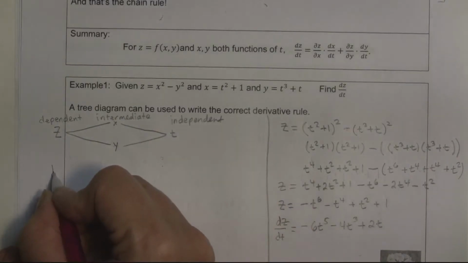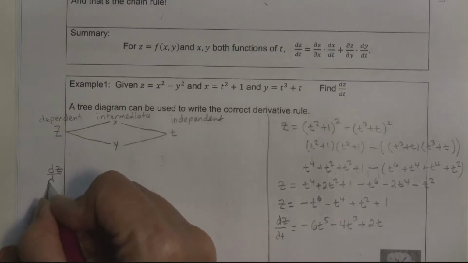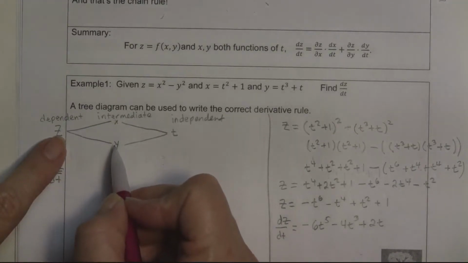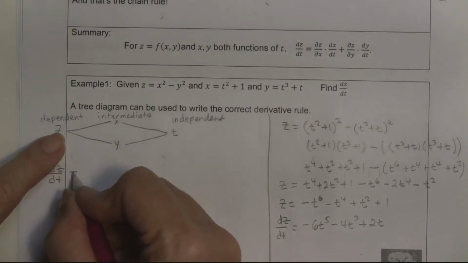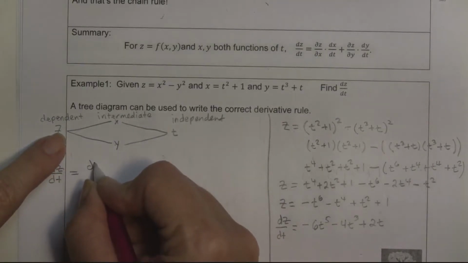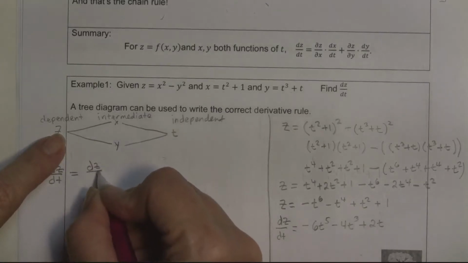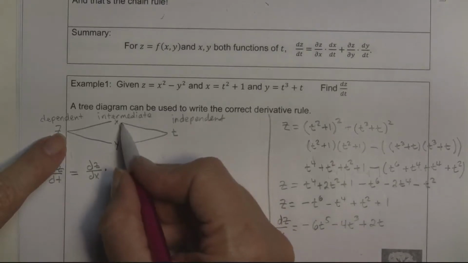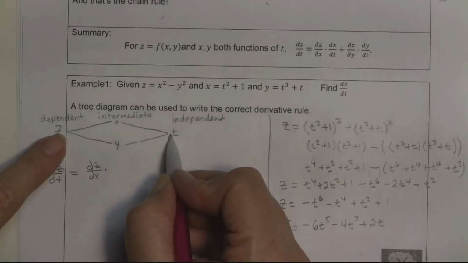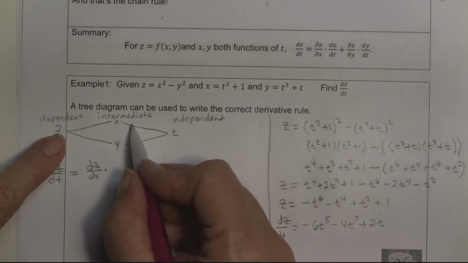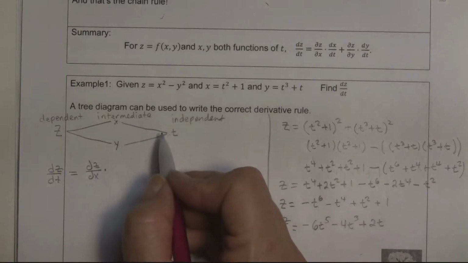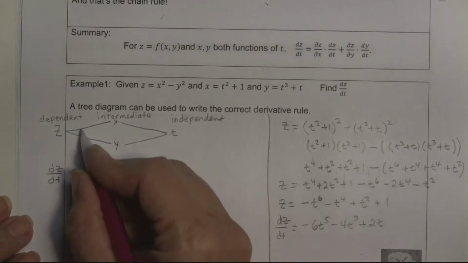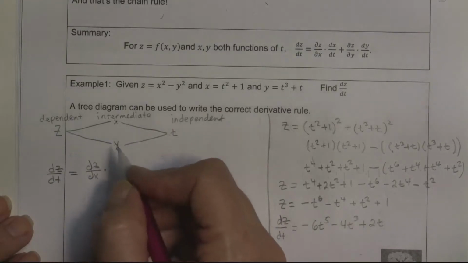So dz dt equals, because there is more than one intermediate variable, this would be a partial. So the partial of z with respect to x times, and then we would continue on to t. And because from x to t there's only one path, so this is dx dt, and it's not a partial. And from z to t, we would have to go through those two, and that's why that's a partial.